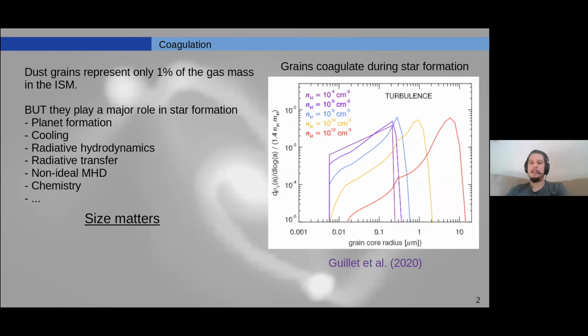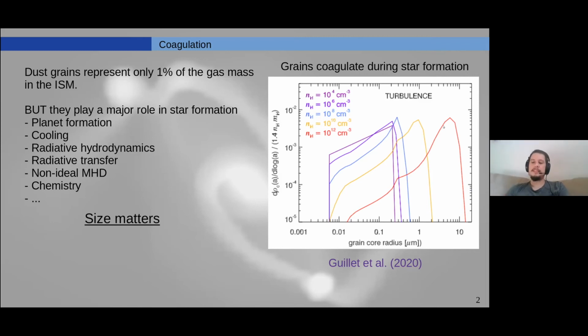This is a result by Vincent Guillet that shows the evolution of an MRN distribution here in purple, coagulating with increasing density. At densities of 10^12, about the density of the protoplanetary disk, the dust grains have grown from some microns to almost 10 microns.